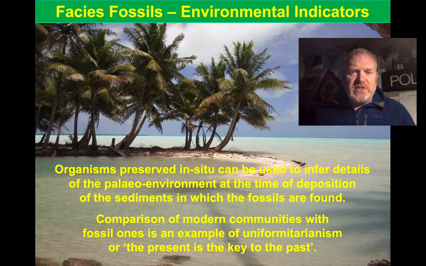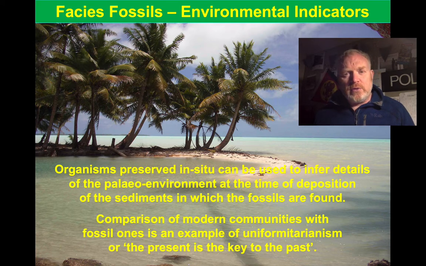It's based on a very simple idea. There are certain organisms that live in very specific environmental conditions. So these facies fossils, fossils that define a biofacies, are ones where we have a very specific set of environmental conditions in which they can live.